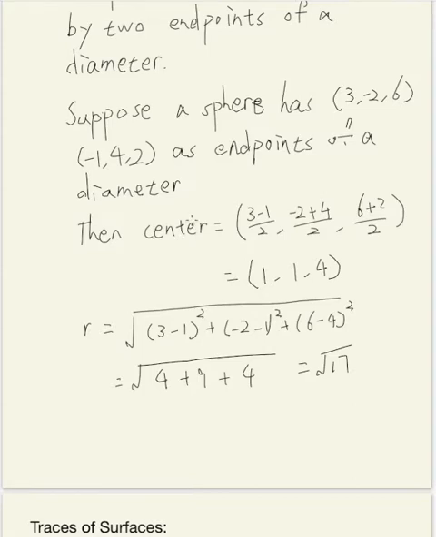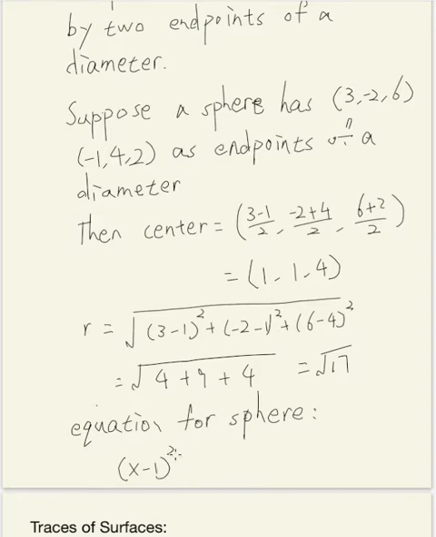Now that you have the center and the radius, we can write out the equation for the sphere. The equation for a sphere is (x minus 1) squared.